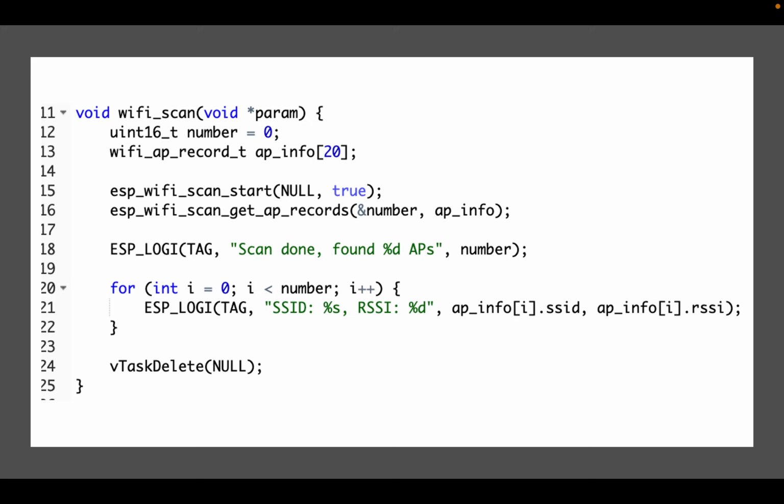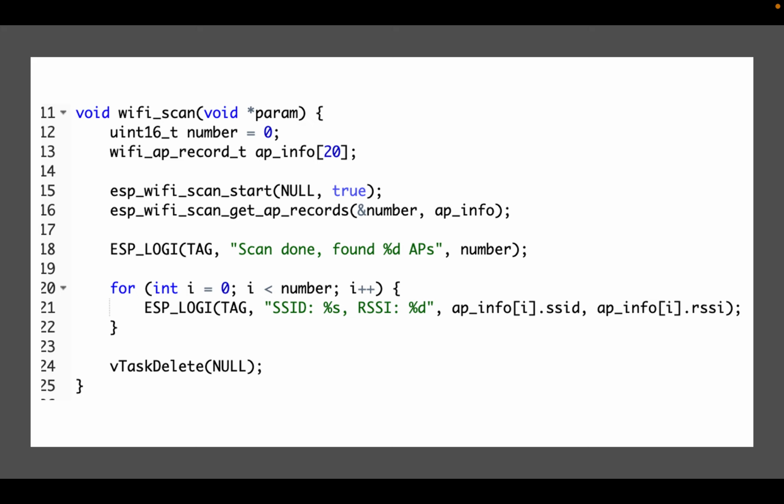So first we will declare one ap_info with wifi_ap_record_t as the type, with 20 numbers. Now we will call esp_wifi_scan_start and esp_wifi_scan_get_ap_records.